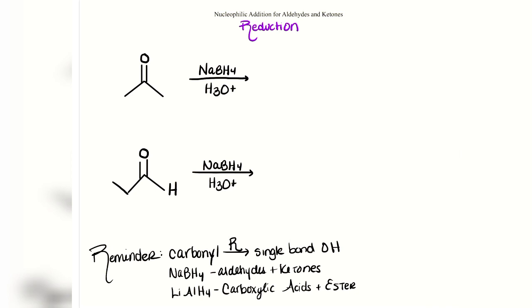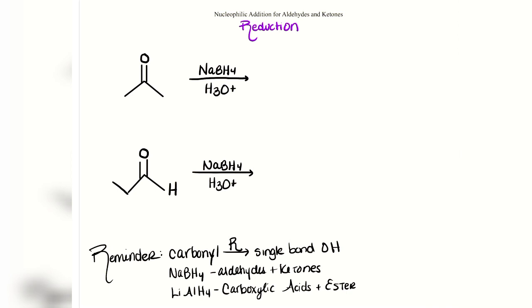Again, depending on what chapter in order you're learning, you may have already learned this topic, but please make sure you understand that there are two specific reducing agents and they have different categories in which they should be used. For the reduction, as stated, we're taking it into a single bond OH.